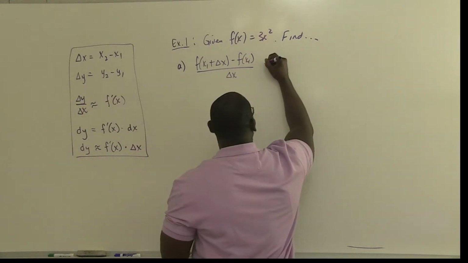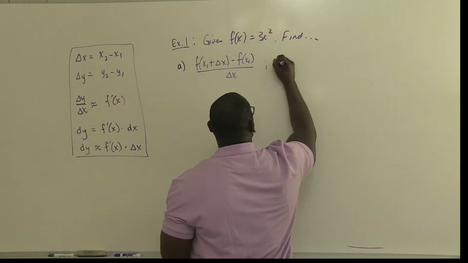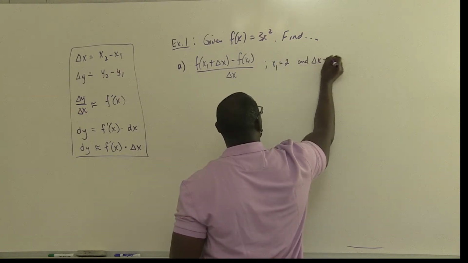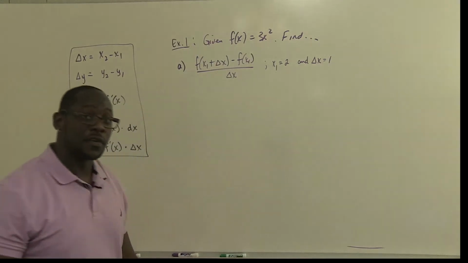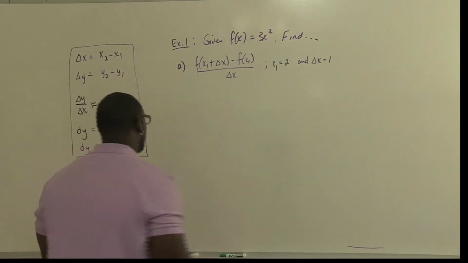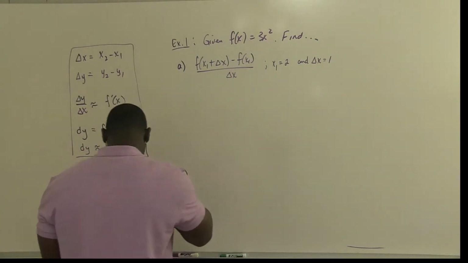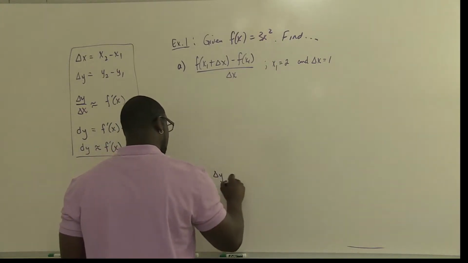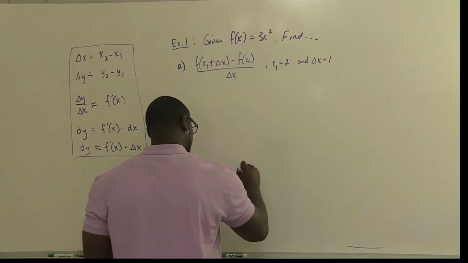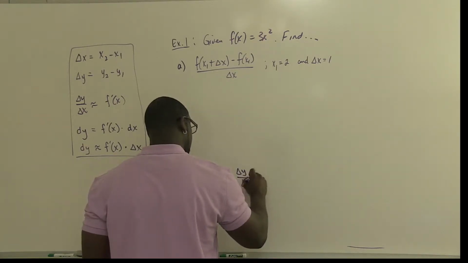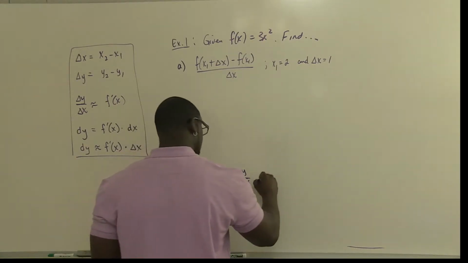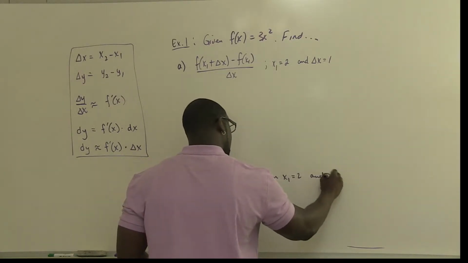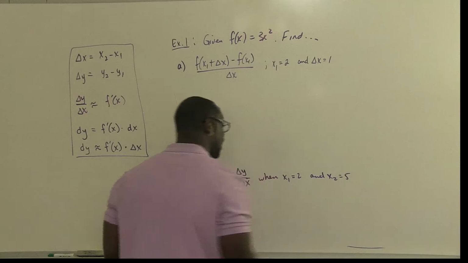And so we're given here that x1 will be equal to 2 and delta x will be equal to 1. So that's the first thing that we want to do. Next thing after that, we want to find delta x, delta y, as well as delta y divided by delta x, when x1 is equal to 2 and x2 is equal to 5.